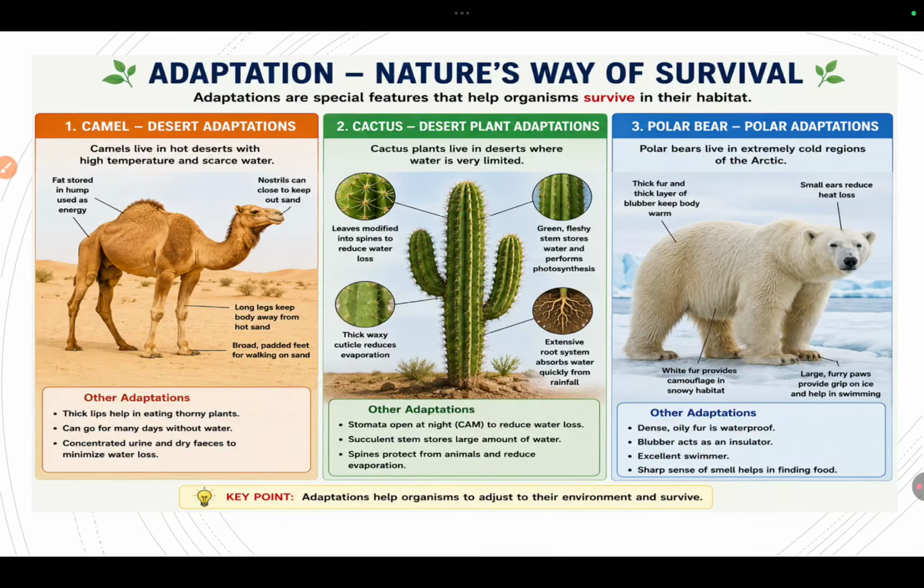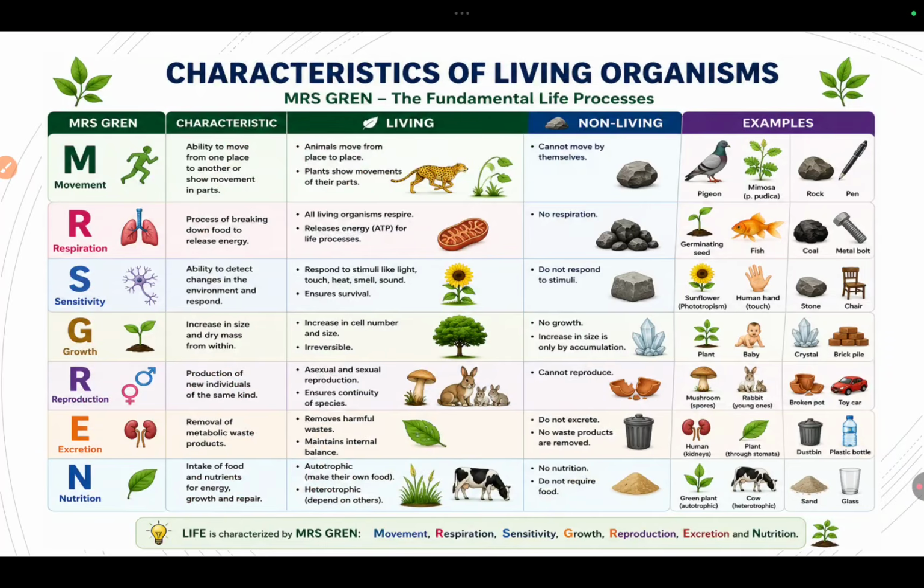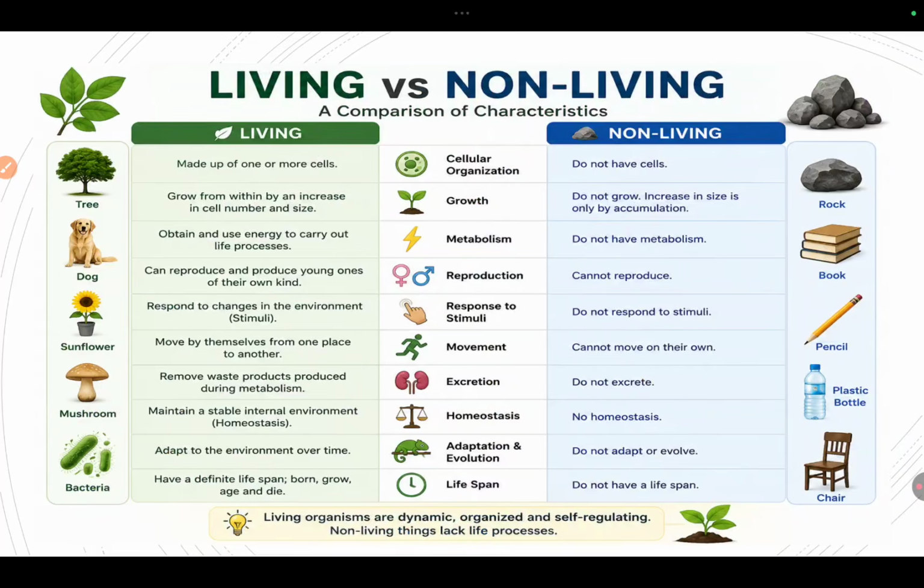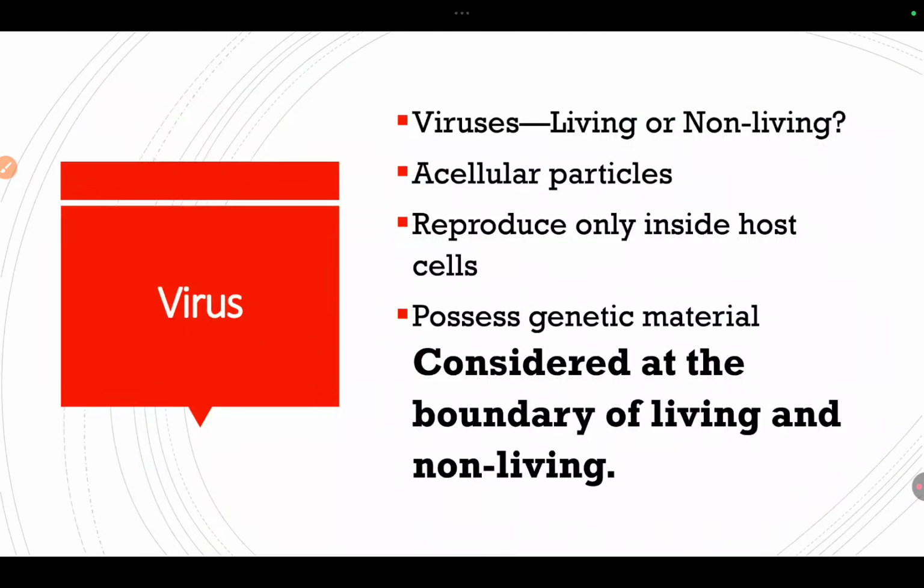So these long-period evolutionary processes generate the vast diversity of the earth. These are very important characteristic features of living organisms. So now you know what MRS GREN is, how these characteristics are exhibited, and how living things are differentiated from non-living things.